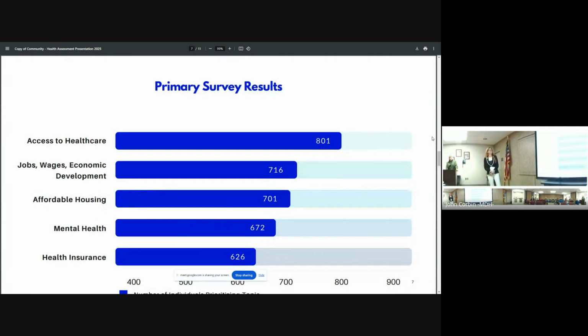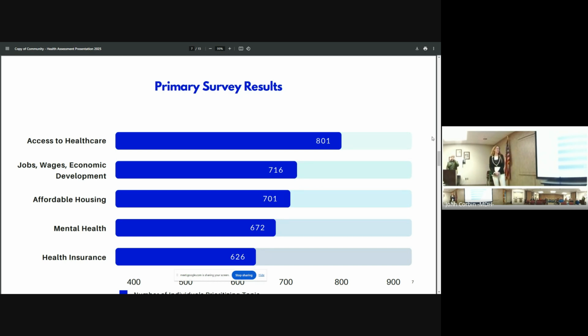All right, next. So our primary survey results, you may remember, what matters most to everyone for this iteration is access to healthcare. So 801 people checked that box as they were taking the survey. The next one is jobs, wages, and economic development at 716.